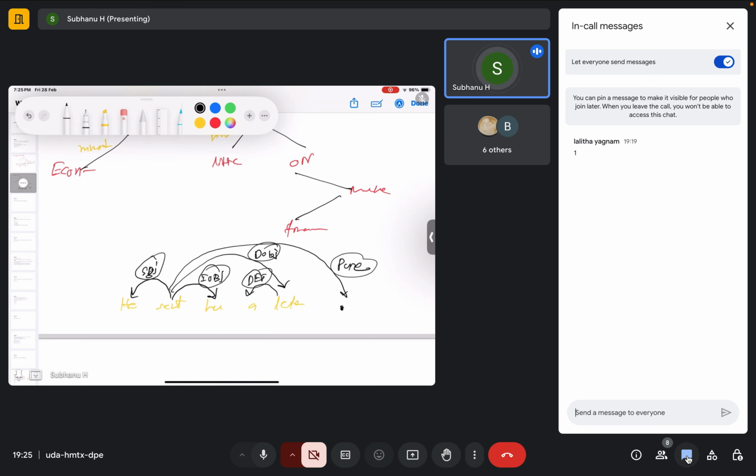So there are some criteria for heads and dependents. What are those criteria? We have two things: one is head and another is dependent.